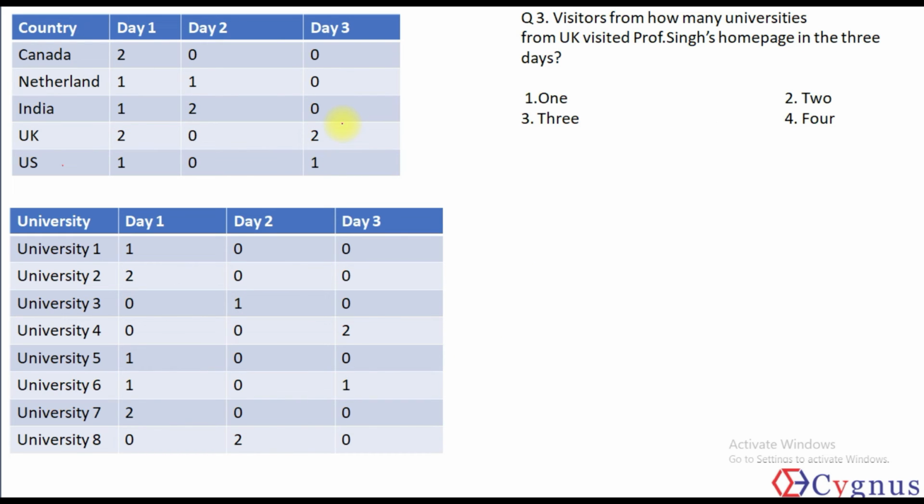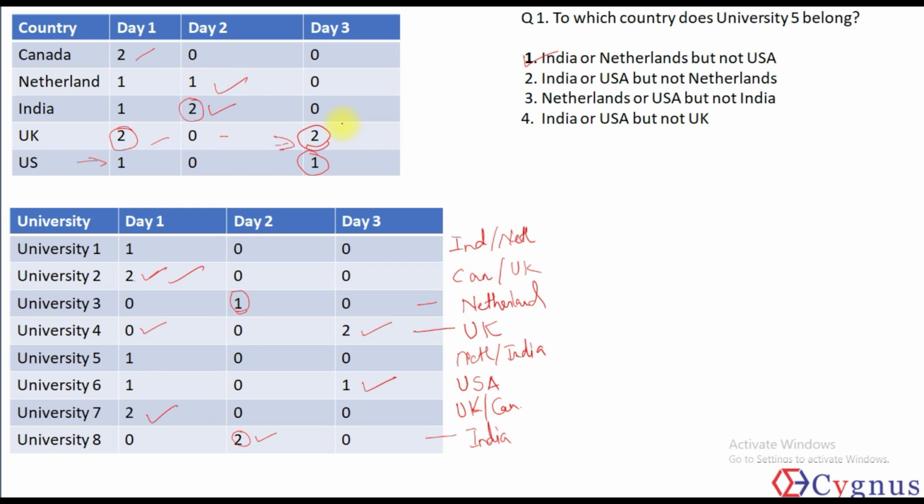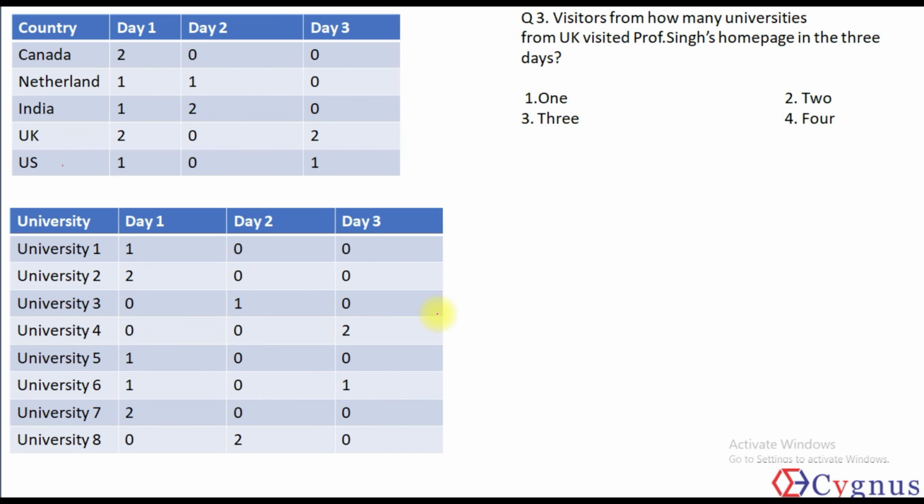Visitors from how many universities from UK visited Professor Singh's homepage in the 3 days? I have assigned UK to how many universities? You can see this one, University 2 can be from UK, and I'm sure about University 4 also. So in that case, your answer becomes 2. There were 2 universities from UK from where the students visited the homepage.